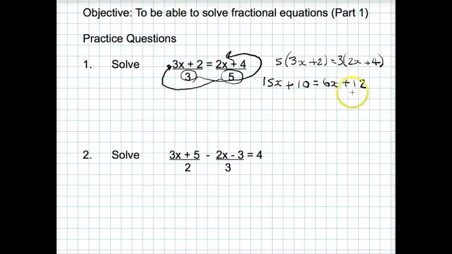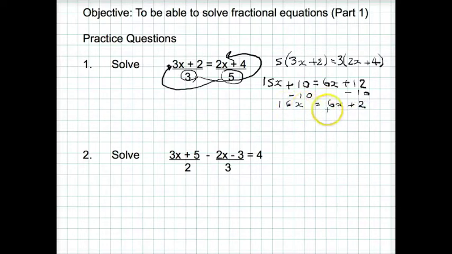Now we've got a simple equation, unknowns on both sides. Let's start with the numbers. Smallest number is 10, so let's take that away from both sides. That's going to leave us with 15x equals 6x plus 2.